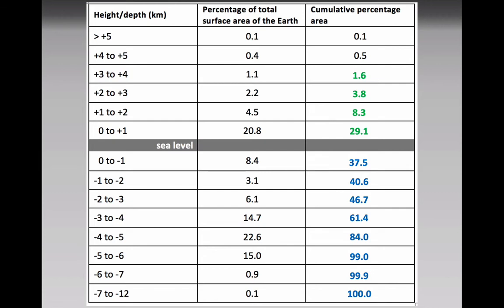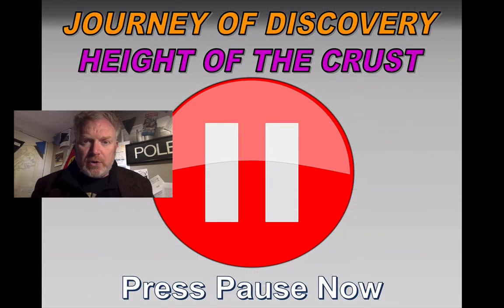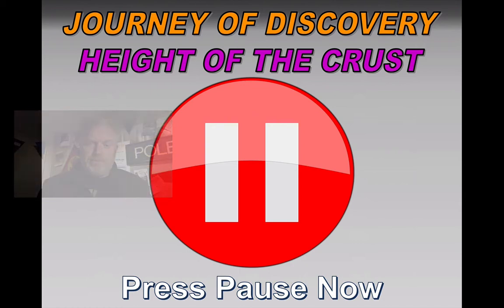See if you can work out these different areas. You may need to look up what some of those terms mean. So, press pause now and have a go at questions B, C and D on page 8.